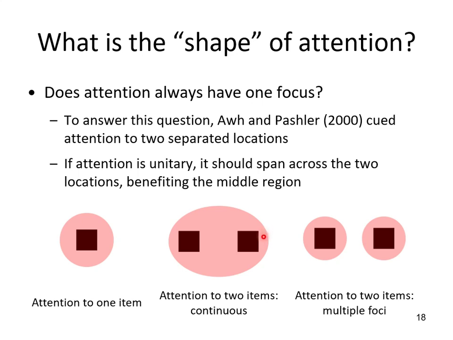Will you have only one attentional focus and use a bigger attentional focus to cover both? Or you have two objects and then you split your attention into two, then you will cover each object by one attentional focus. In total you have two attentional foci. Which will be the case?